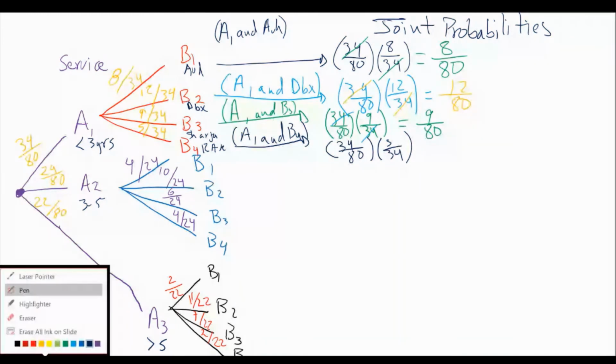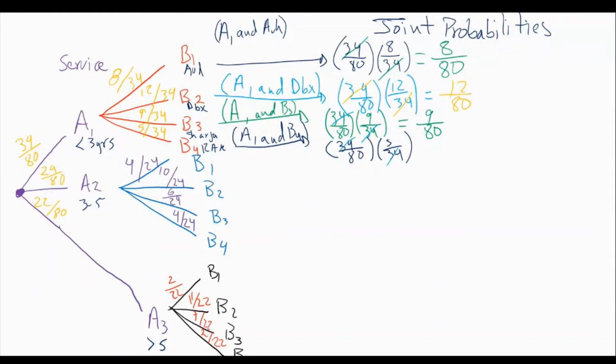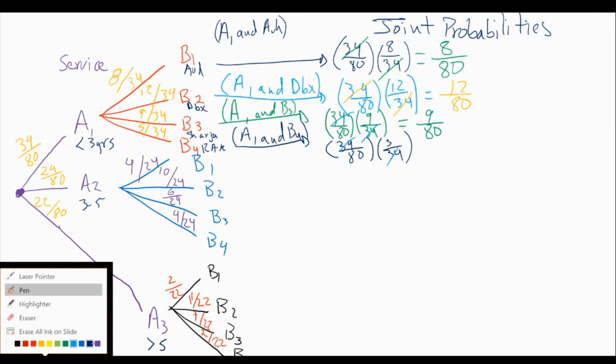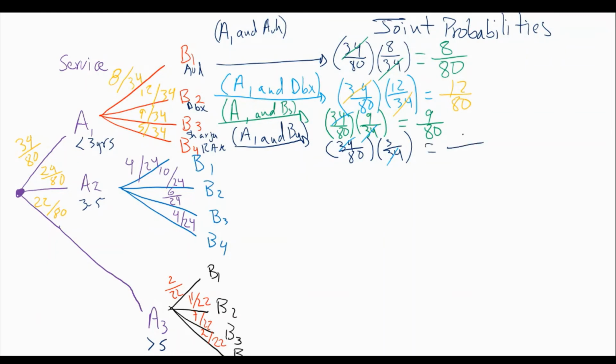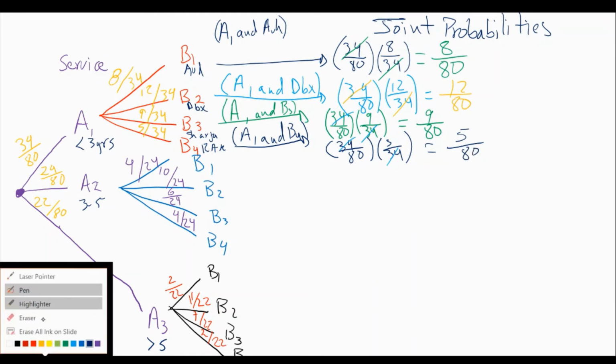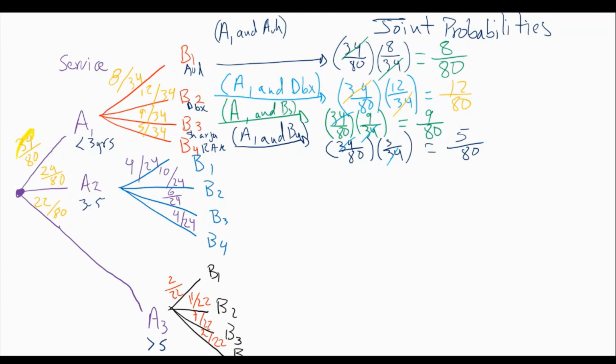Okay, so the 34s cancel each other out just like before. And that is equal to then 5 divided by 80. Okay, and again, I have multiplied across from this number here to this number here to get this.